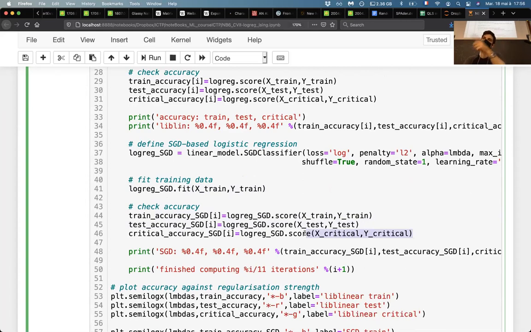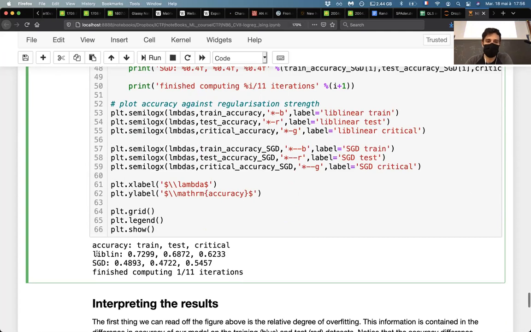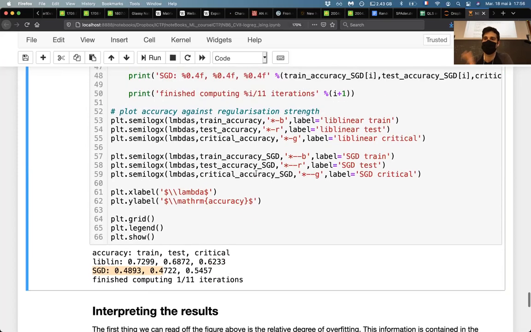I will see if it's able to classify them correctly. Okay, so here it's training. So we see the 2 methods. There is this specific technique I told you, which is called liblinear. We see the training accuracy, the test accuracy, and the accuracy on the critical points. And the same for SGD. And it will do that for 30 seconds or a minute. And we will see what it gives. And then I'm done.